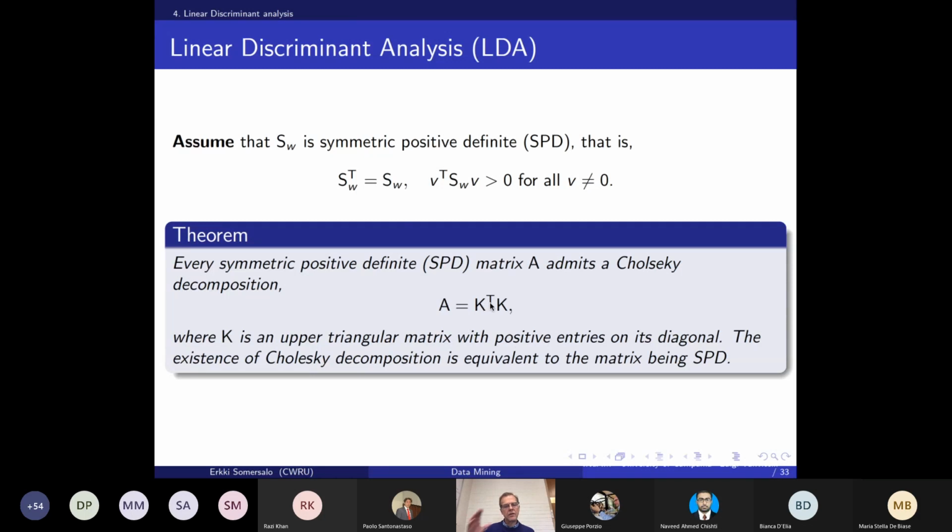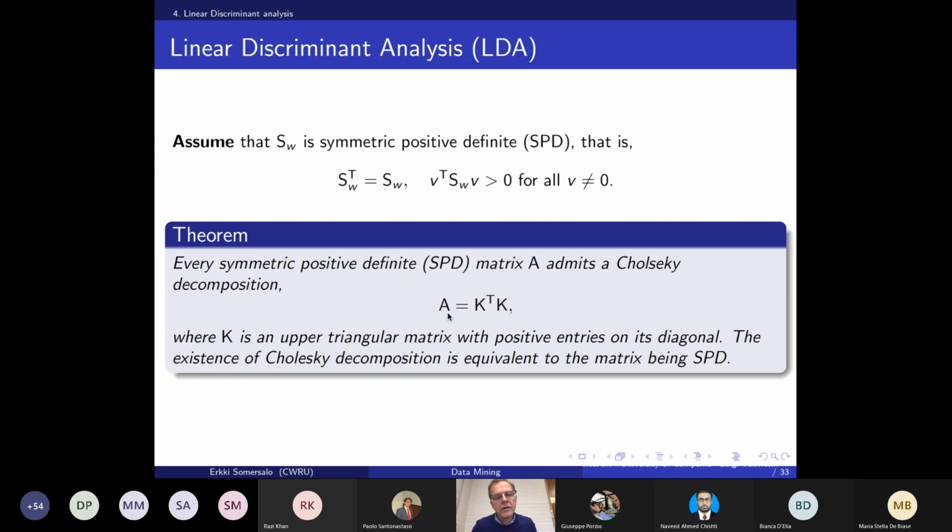So entries on the diagonal and above the diagonal may be non-zero, and below the diagonal the entries are all zero. However, in this case, we know that the diagonal entries are going to be positive, and that is guaranteed because my matrix A is known to be symmetric positive definite.